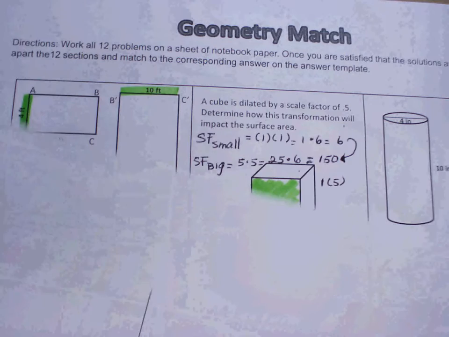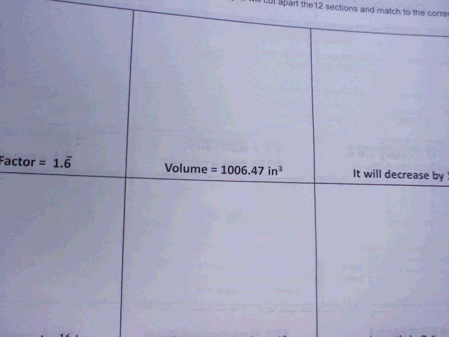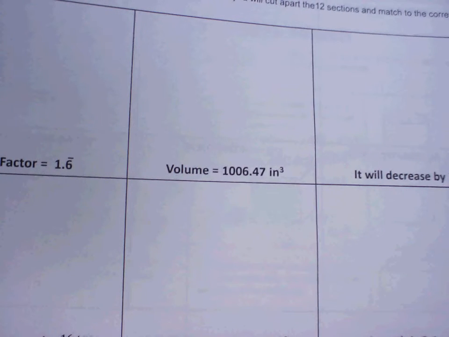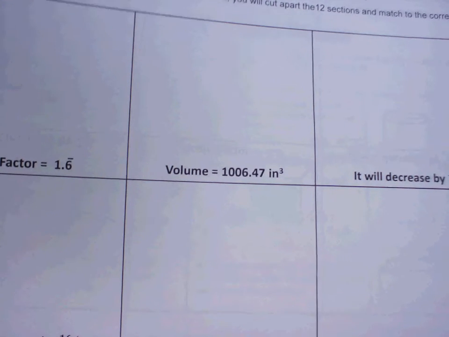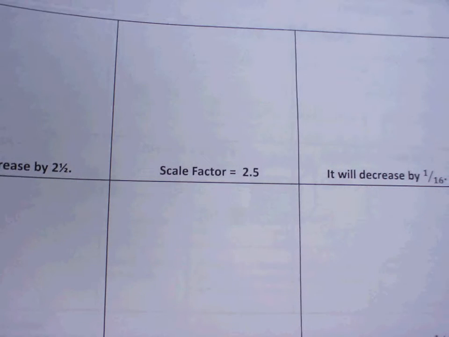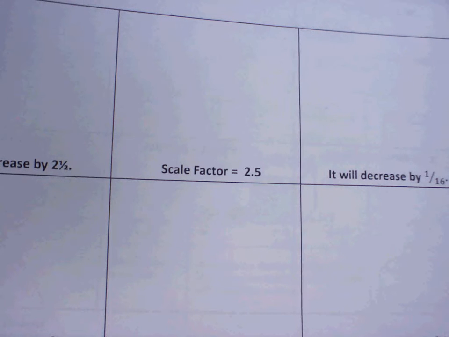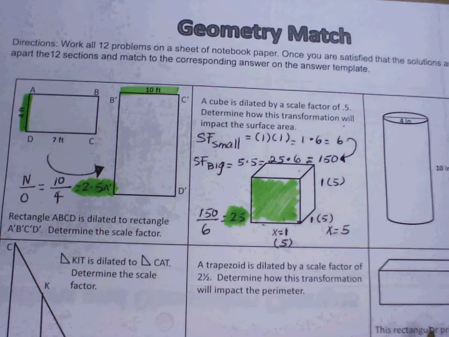So let's go ahead. Do we have that in here? All right. It will increase by 16.9. It will increase by 1/4. It will increase by 1.25 to the third. It's in the back? All right.